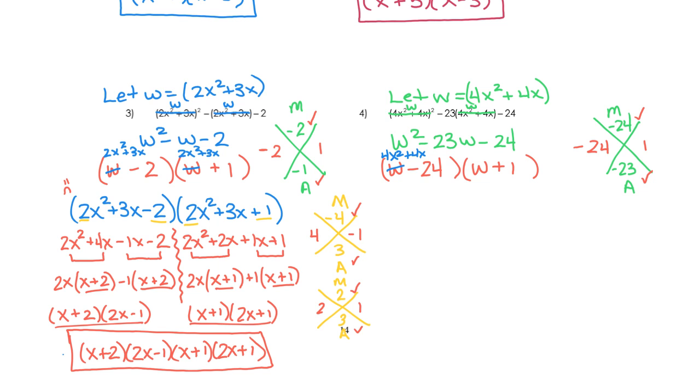And the other w will also be replaced with 4x squared plus 4x. All right, when I rewrite these, it becomes 4x squared plus 4x minus 24. The second one becomes 4x squared plus 4x plus 1.